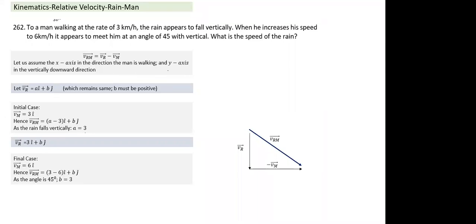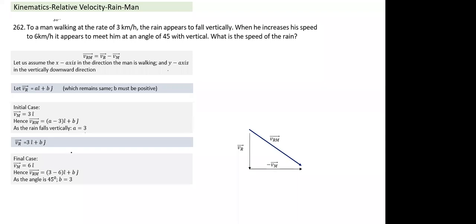Again, I write VRM. What is VRM? This is VR minus VM. I think it's very easy to find the difference of two vectors. (3 minus 6) i cap plus (b minus 0) j cap. So as the angle is 45 degrees, this component and this component need to have equal magnitudes.